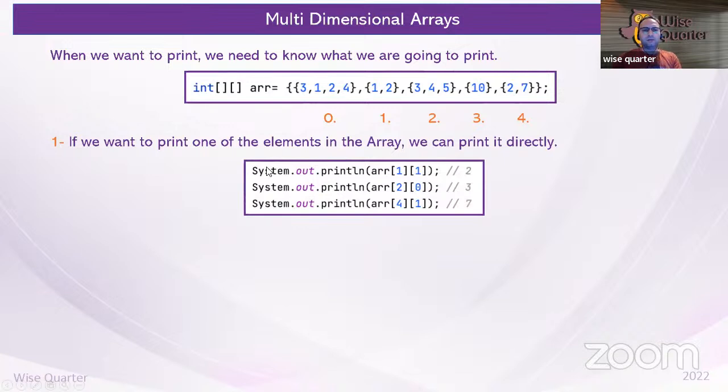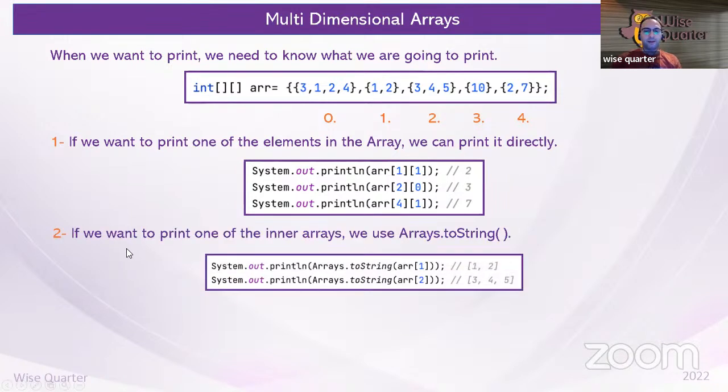Yes, if you want to print the elements like this, we can print it. But if you want to print an inner array, again, you need to call the Arrays class and ask for help to print an inner array. As long as it is an array, you have to use the Arrays class to print it. Otherwise, you won't be able to print it. Here, if you want to print an inner array, you should write it like this.